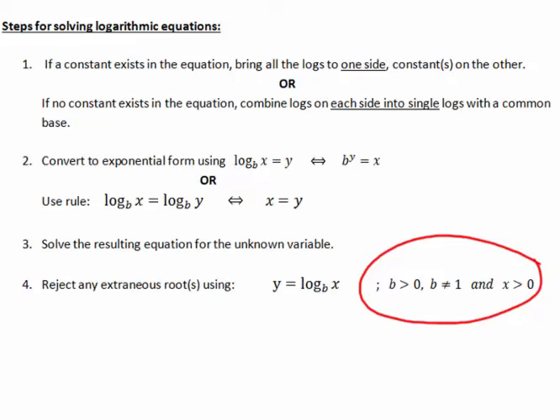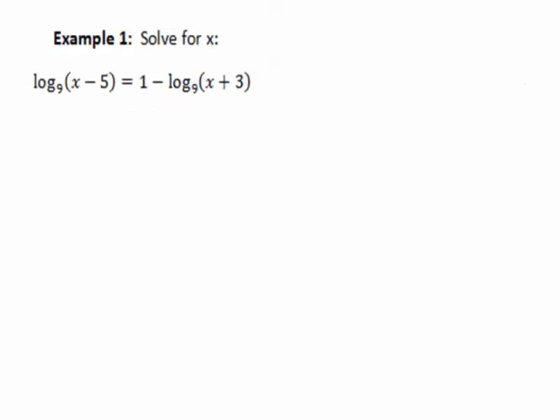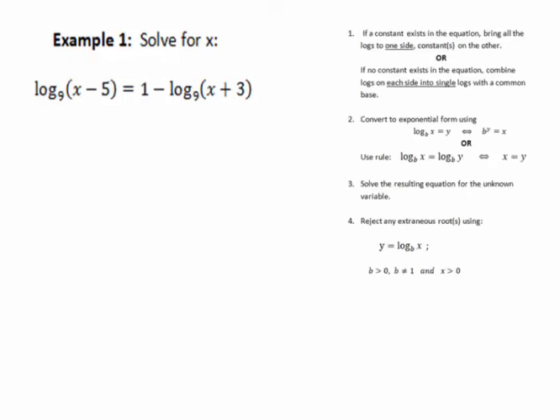So let's put this together in an equation like this one. Solve for x in this equation. Let's bring in our rules, and we're going to use these rules to solve for this logarithm. First thing, if a constant exists, bring all the logs to one side. Well, we definitely need to use that rule because we have this constant 1. So we're going to take the logarithms and move them to one side.